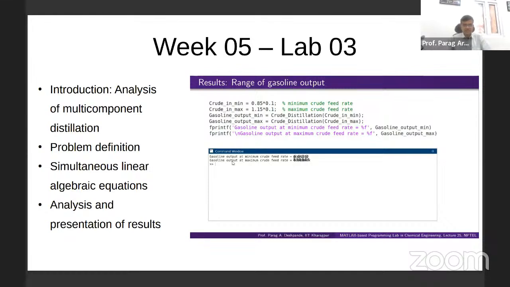And on that basis, after the complete set of calculations, you could write on screen or print on screen "gasoline output at minimum feed rate is equal to", and then print the value there. So this is a very nice and presentable way of showing your results.